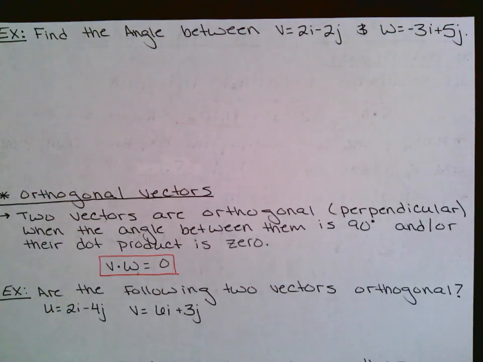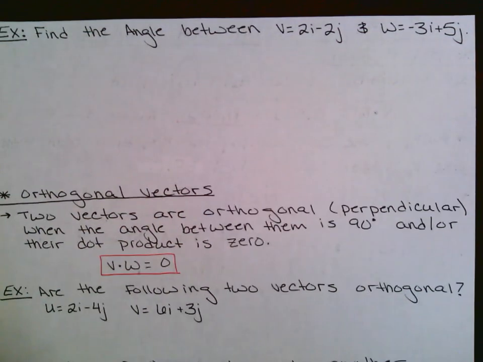So this one says, find the angle between vector v and vector w.